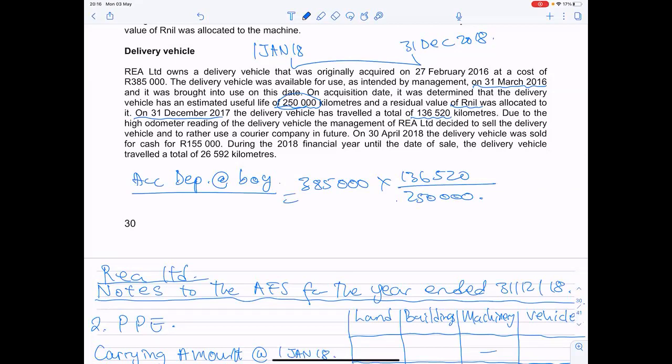There are no dates that we are going to be using. We are going to be using the kilometers traveled. So it will be 385,000 multiplied by 136,520 divided by 250,000, which is 210,241.